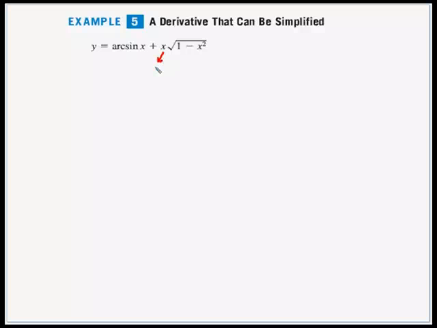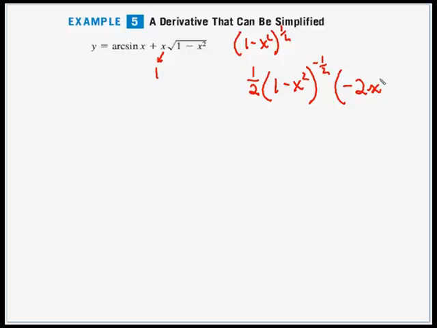The derivative of x is 1. And in that radical, we have 1 minus x squared to the half power. So when we take that derivative, it's going to be 1/2 times that same quantity to one power lower. Now it's the negative half power. And then the chain rule says derive the inner function. So within the parentheses, that function's derivative is, don't forget, negative 2x.